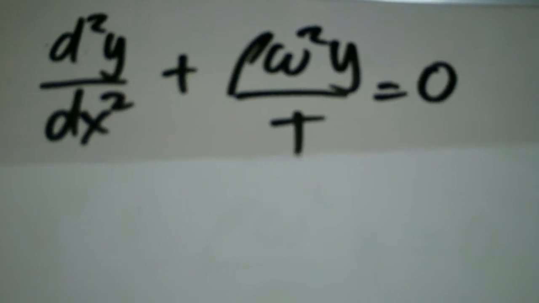So to solve the problem, we have d squared y over dx squared plus rho omega squared y over T equals 0. At first, we will change this equation to y double prime plus rho omega squared y over T equals 0.